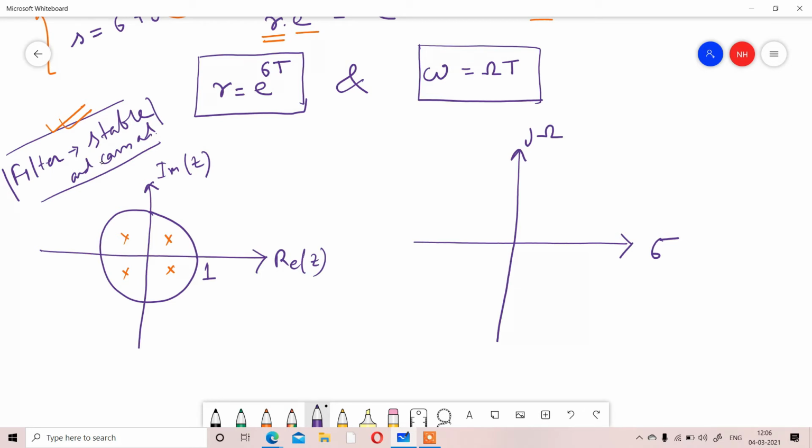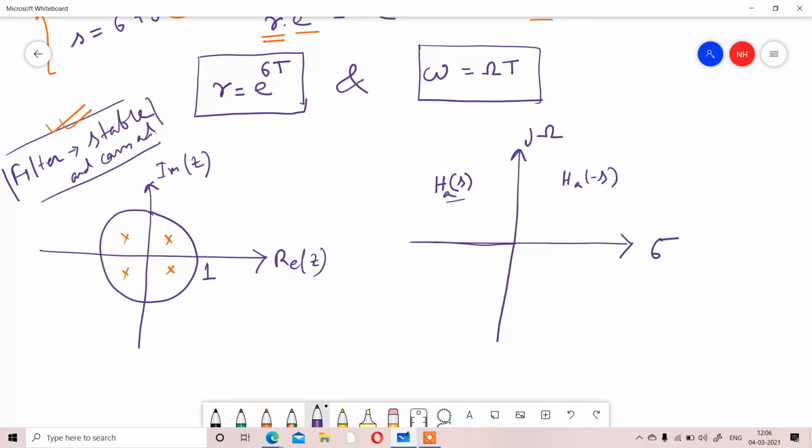In the S plane we have seen that the left side defines H(s), and the right side defines H(minus s). Whatever poles we have considered are on the left side, and the values on the right side are the mirror of the left side, as we checked with the Butterworth filter.